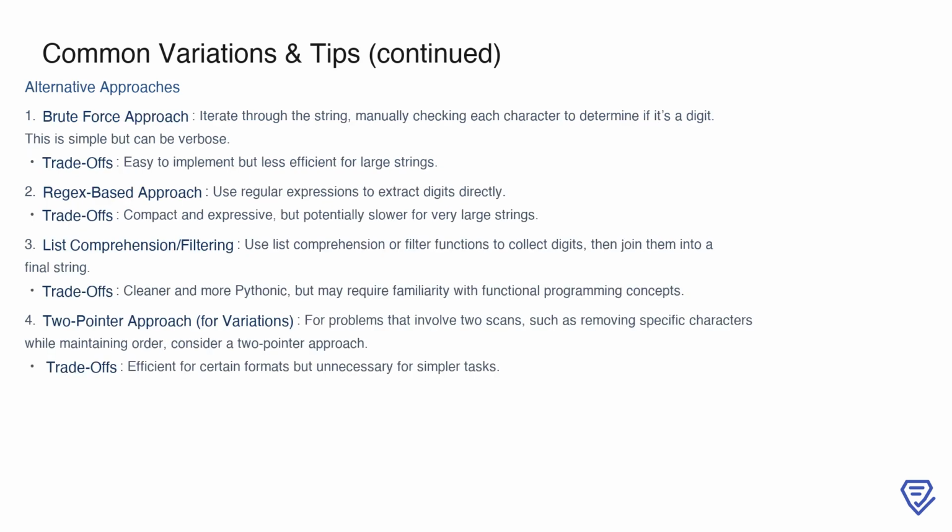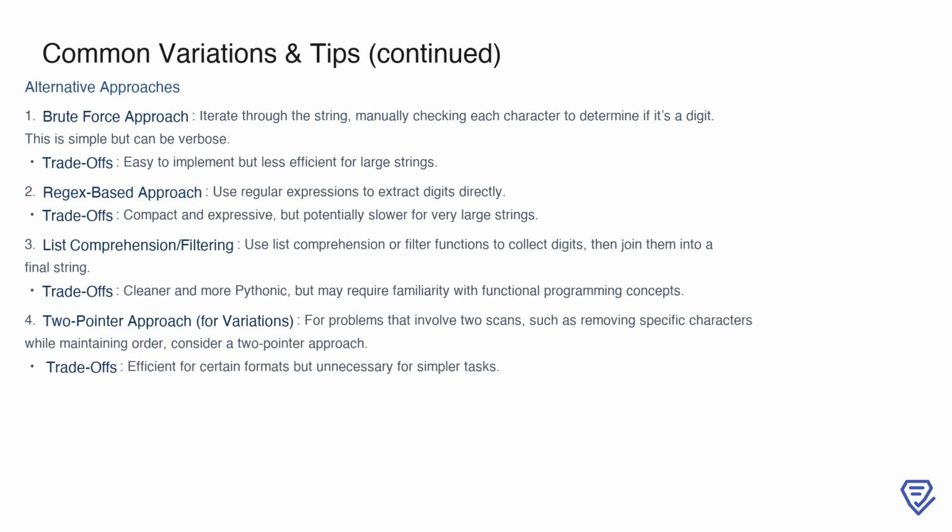There are several alternative approaches to solving the reformat phone number problem, each with its trade-offs. A brute force approach involves manually iterating through the string and checking each character to determine if it's a digit. While this method is simple and easy to implement, it can become verbose and is less efficient for larger inputs. Using regular expressions is another option.